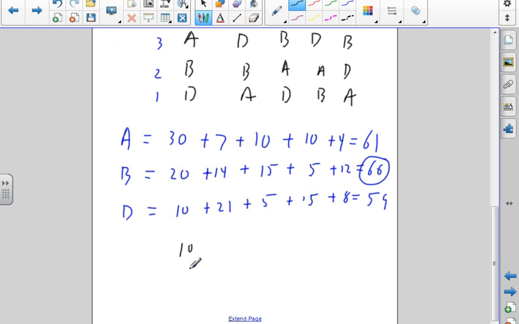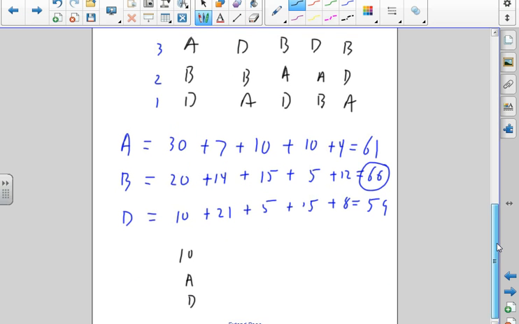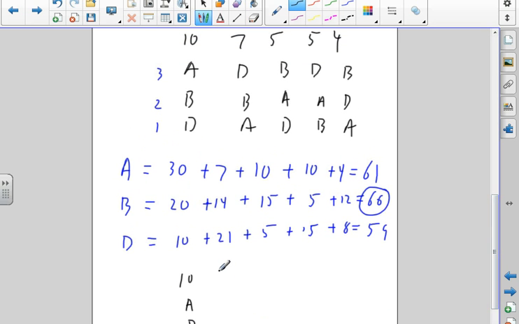Okay, so I got 10 AD, 7 DA, 5 AD, 5 DA, 4 DA.